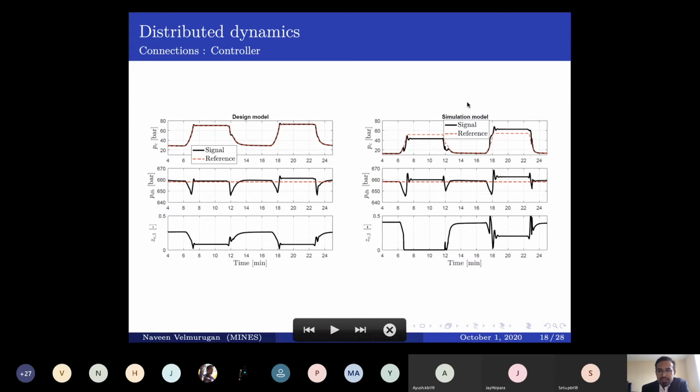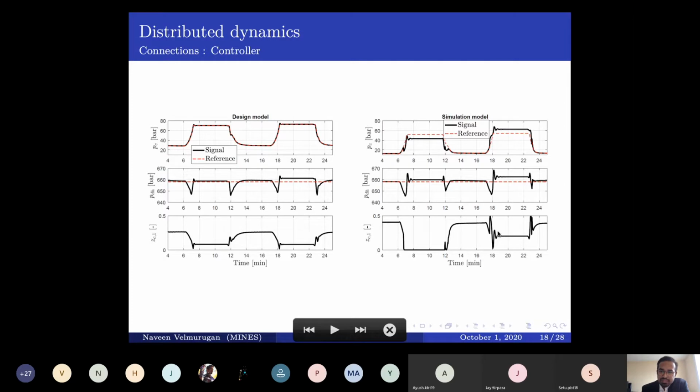But on the contrary, if you take the simulation model that has this distributed dynamics, you can see that in order to maintain a particular value, in reality you have this pressure wave propagation as soon as you try changing your choke opening rapidly. And that excites your system.